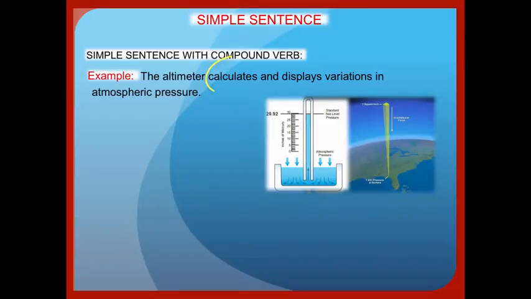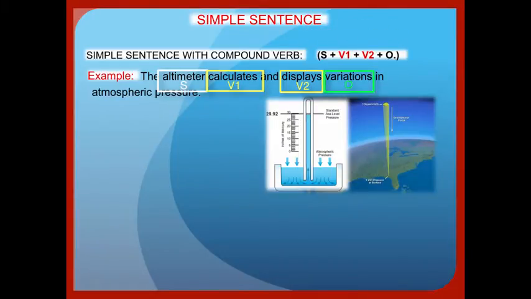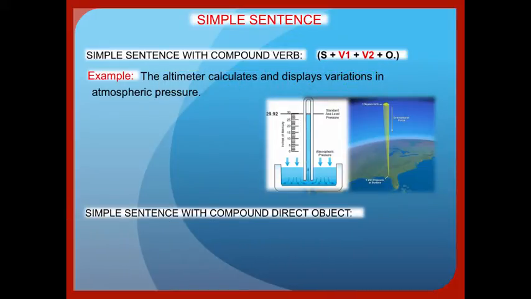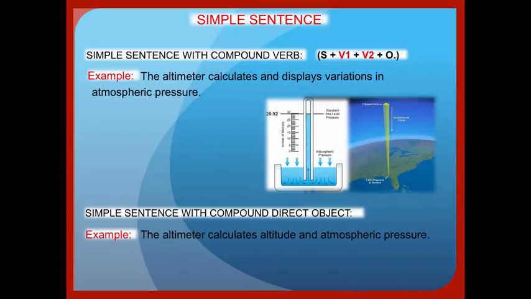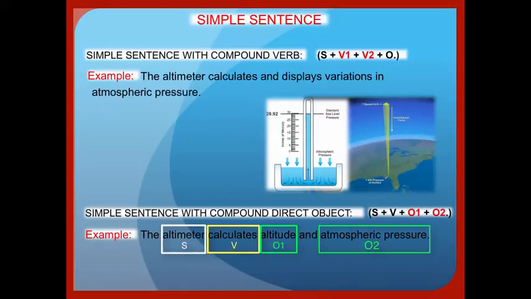The words calculates and displays are compound verbs in a simple sentence. The linguistic typology is S plus V1 plus V2 plus O. An example of a simple sentence with a compound direct object would be, the altimeter calculates altitude and atmospheric pressure. Again, the dominant sequence would be S plus V plus O1 plus O2.